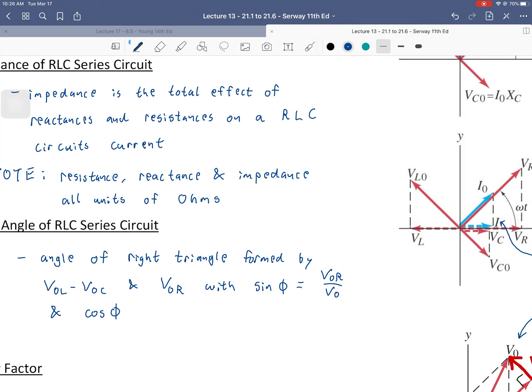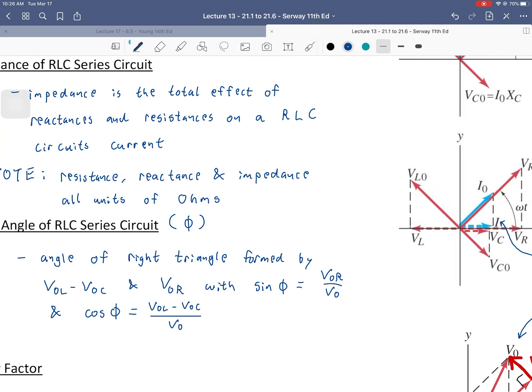We are representing the phase angle as phi. That's what has been reserved. And then the voltage across the inductor minus the voltage across the capacitor divided by the total voltage of the circuit would be cosine.